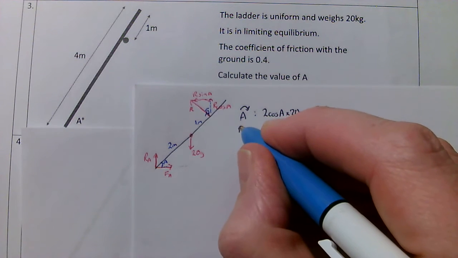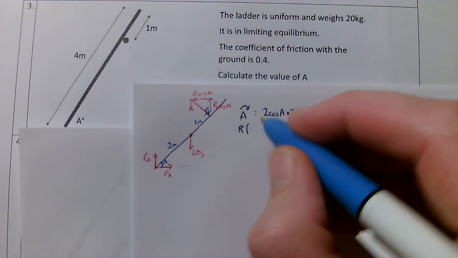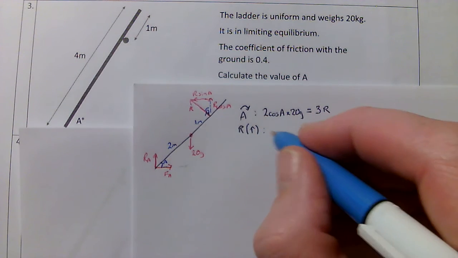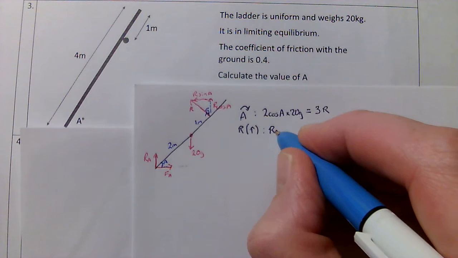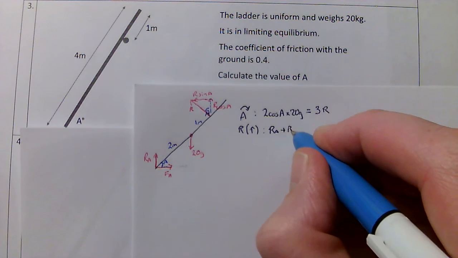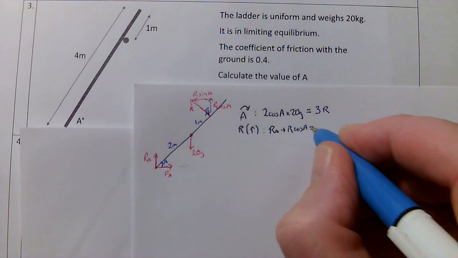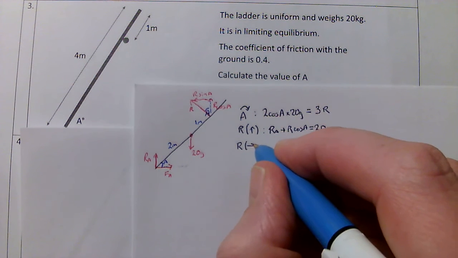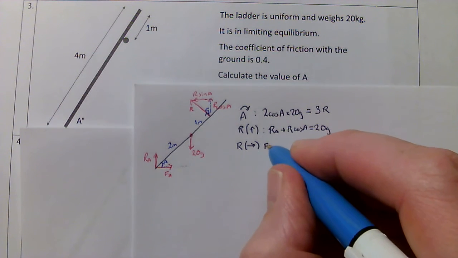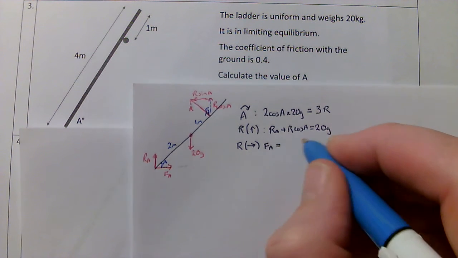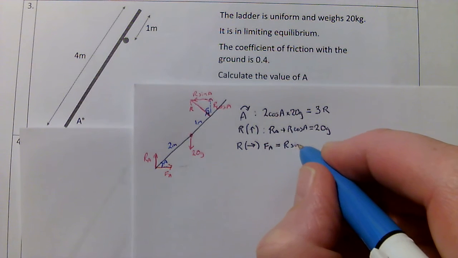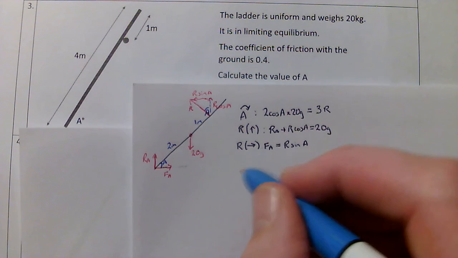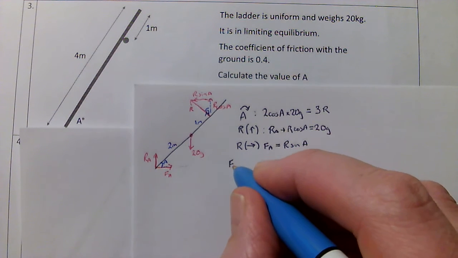We're going to resolve, let's resolve vertically first, and resolving vertically I've got RA plus R cos A equals 20g, and resolving horizontally I've got FA equals R sin A. We also know that from the question here, FA equals 0.4 RA.